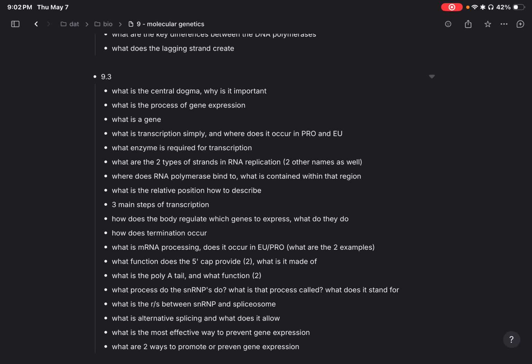So yeah, guanine. Now, poly A tail, that's just a couple adenines at the end. Again, it helps with stability, and I'm not sure what function it has. Probably just stability, and giving room for it to degrade, probably.